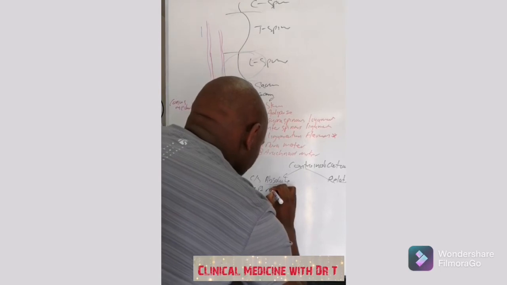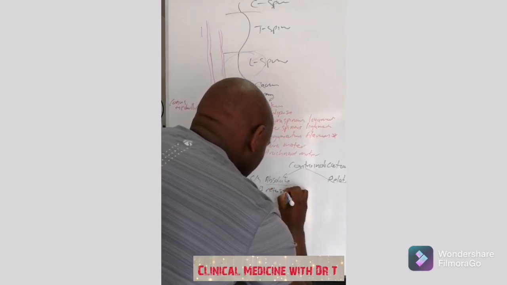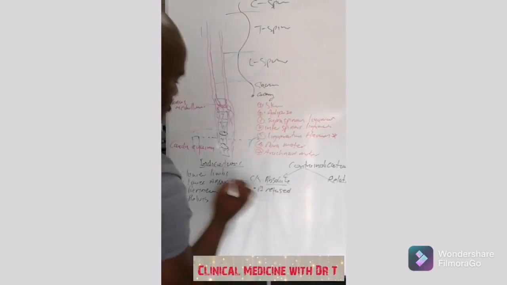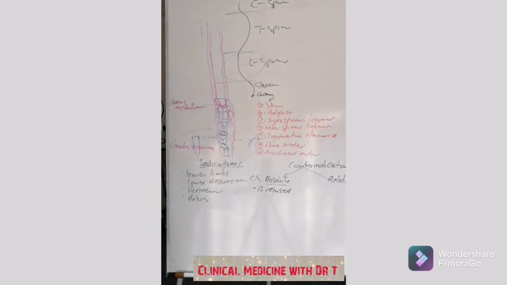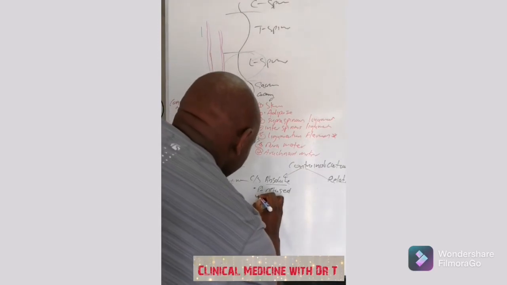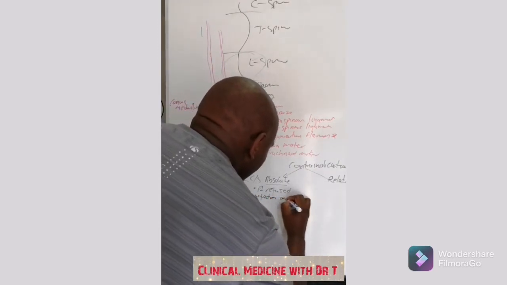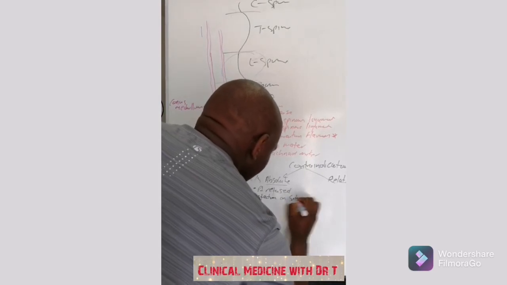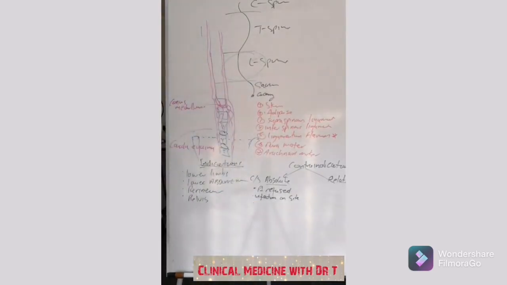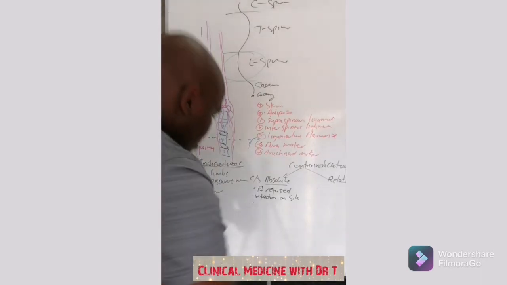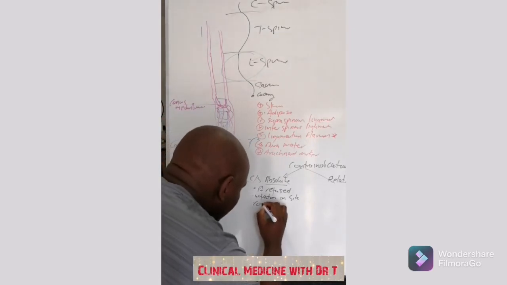The patient refused, and we had to do a GA. Patient refusal, infection at the site of interest, which is L3, L4, or L4 and 5, and a patient who has got some coagulopathies.